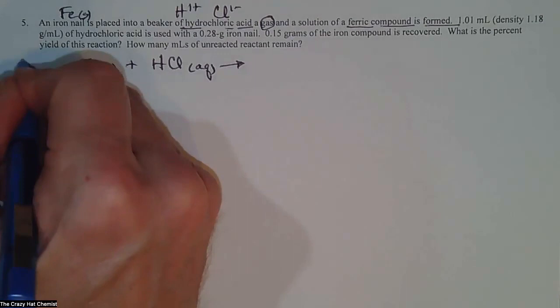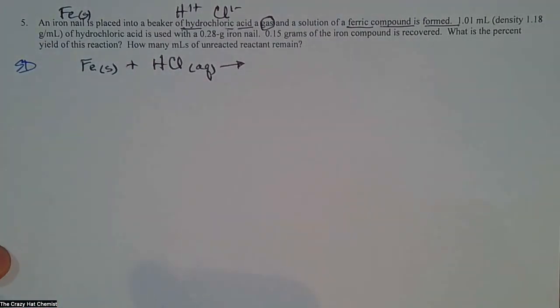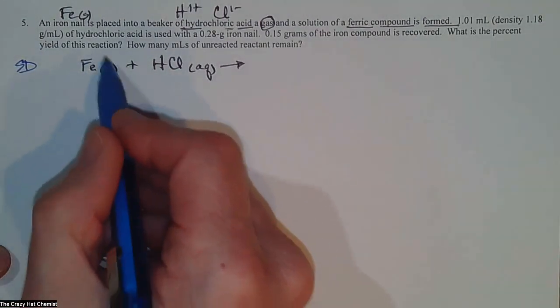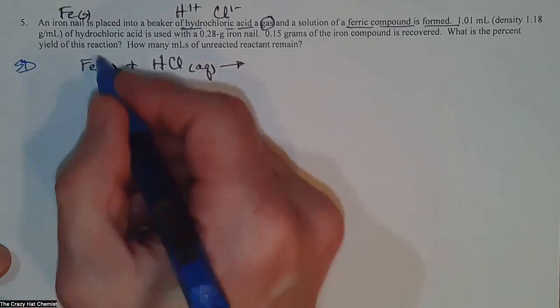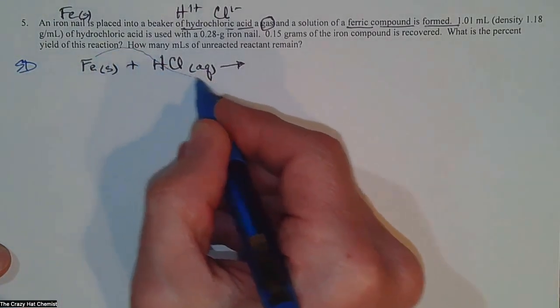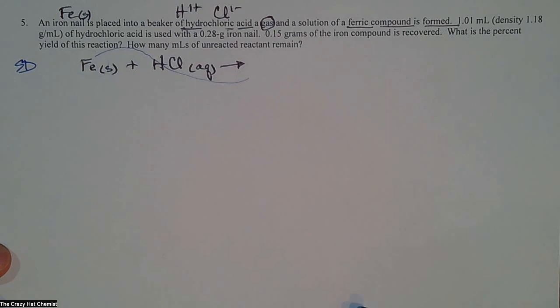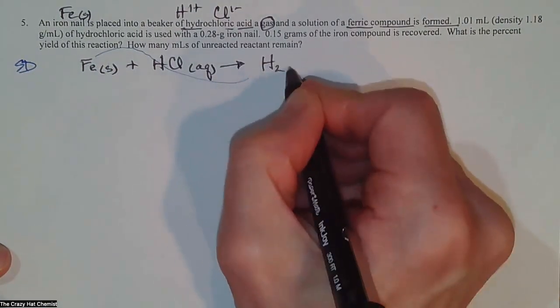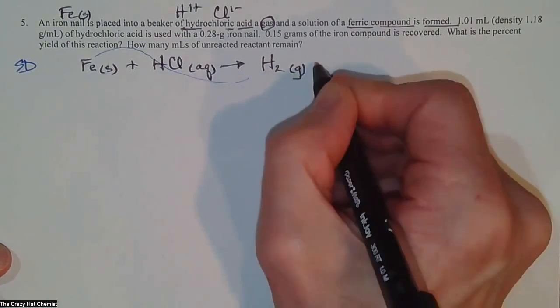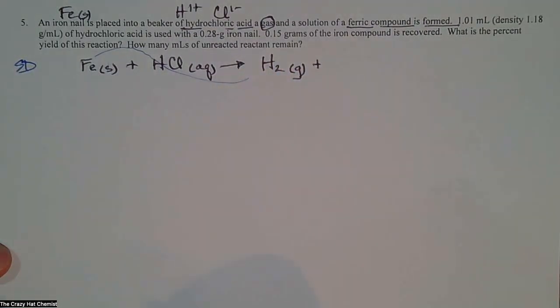This is a single displacement type of reaction. Iron is a metal, forms cations. It will displace the hydrogen. The hydrogen will now be by itself, and that is H2, and that is diatomic, and it is most certainly a gas.